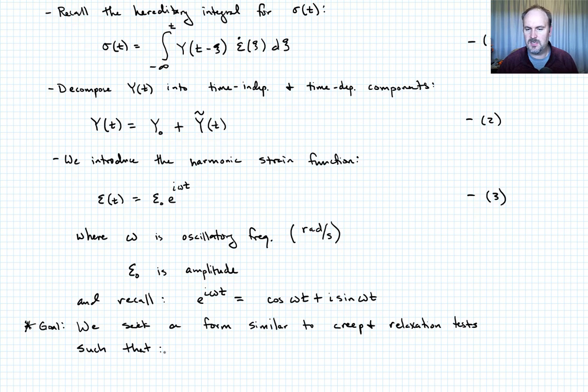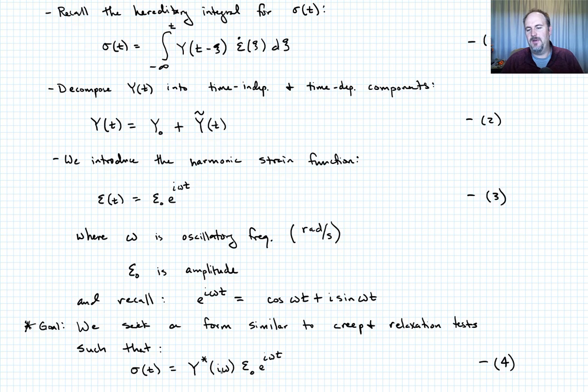Okay, so such that we could write sigma of t, so stress as a function of time, is equal to Y star as a function of i omega, so this is a complex modulus now, times epsilon naught e to the i omega t. Okay? Let's call that equation 4. Okay, so that's what we're trying to find, a form that looks like this.